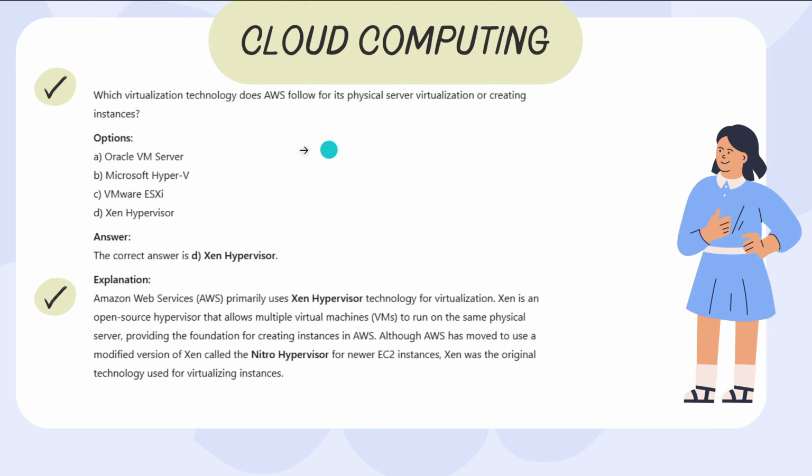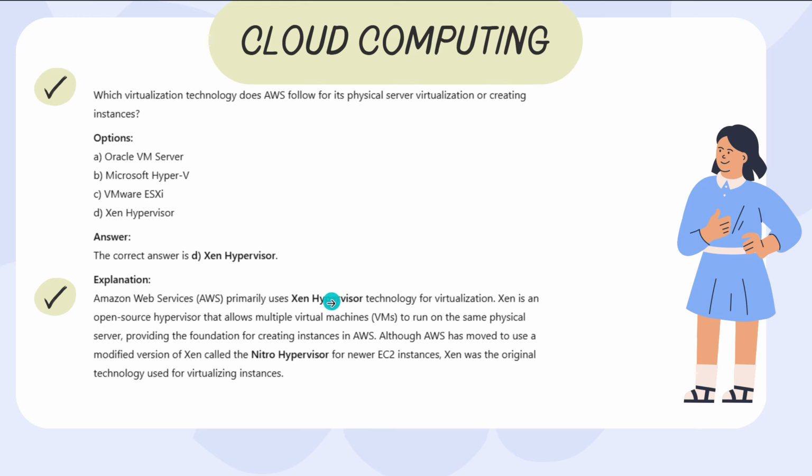This is from cloud computing, right? Which virtualization technology does AWS follow for its physical server virtualization or creating instances? Okay, the correct answer is Xen hypervisor.